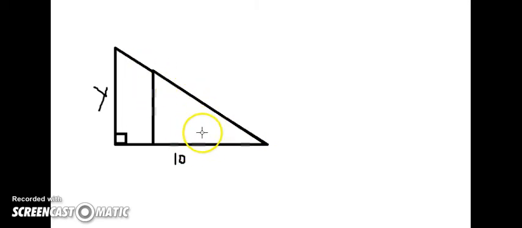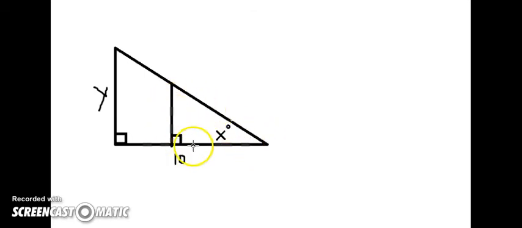Basically all you've got is a big triangle with a line straight down right here. So in actuality, you do have similar triangles because you've got the right angle there, the right angle there, and the same angle here, because they share this same little section. So it has to be the same angle because it's the exact same thing.